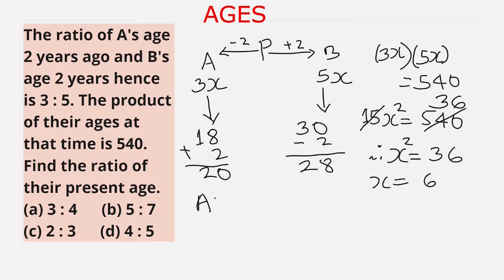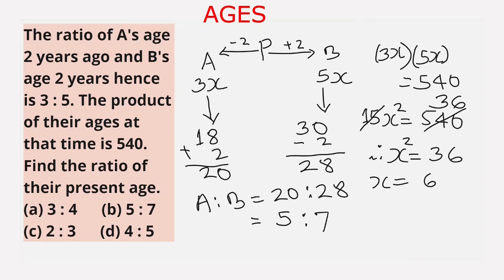So the ratio of their ages A to B equals 20 to 28, and 4 is common to them. So we divide 20 and 28 by 4 and we get 4 times 5 is 20 and 4 times 7 is 28.